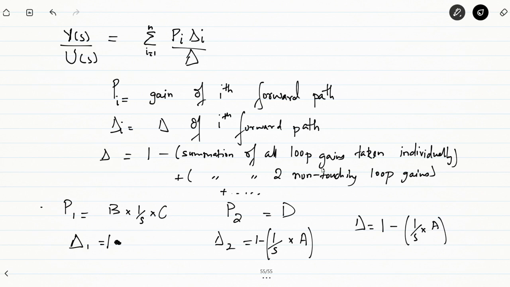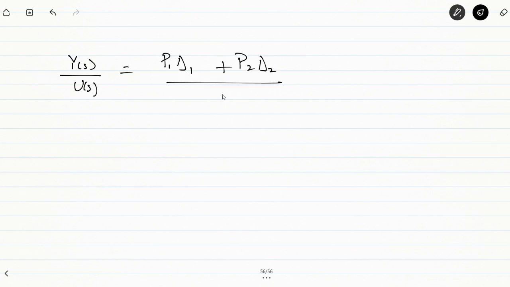So substituting these values in equation number 1, what we have obtained, ys by us is equal to p1 delta 1 plus p2 delta 2 divided by delta, where p1 is nothing but b into 1 by s into c. That means b into 1 by s into c.